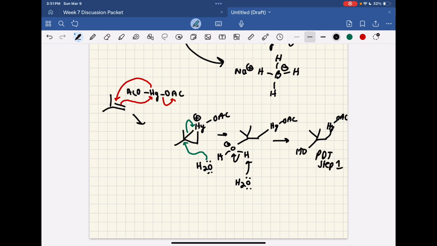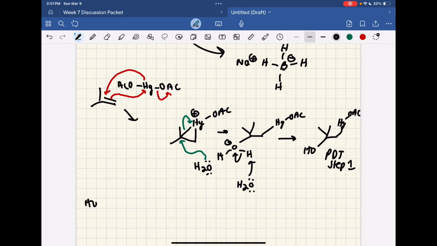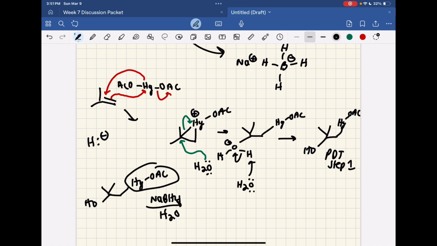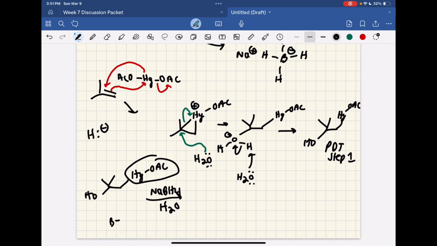In step 2, the sodium borohydride, so I'm going to recopy that structure over here. In step 2, the sodium borohydride is the source of hydride, that essentially just displaces this whole group. So I'm going to show the mechanism. We don't necessarily expect you to know this yet, but I think it's pretty self-explanatory.